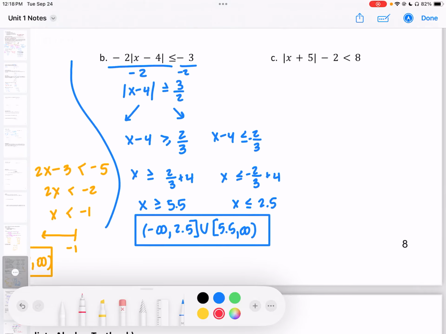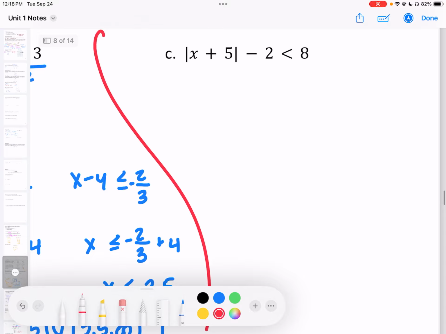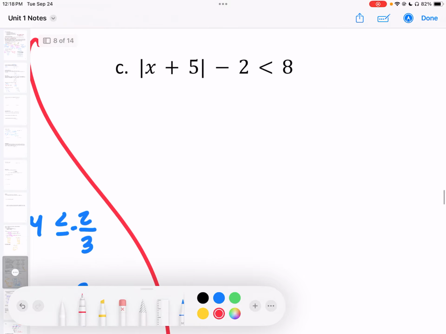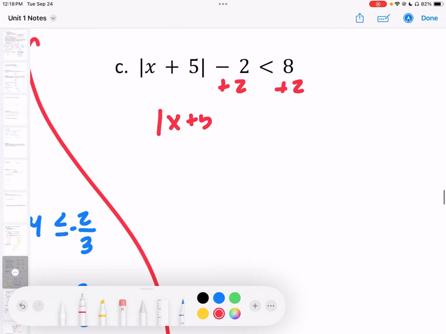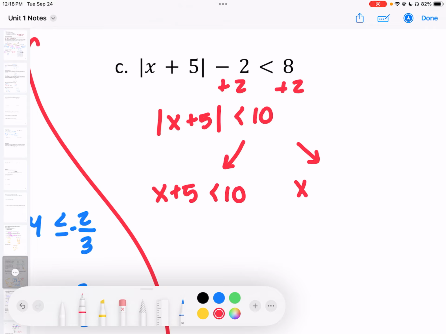Let's take a look at this last one. We're going to go ahead and add that, we'll have x plus 5 less than 10 split into two equations. There's the original.